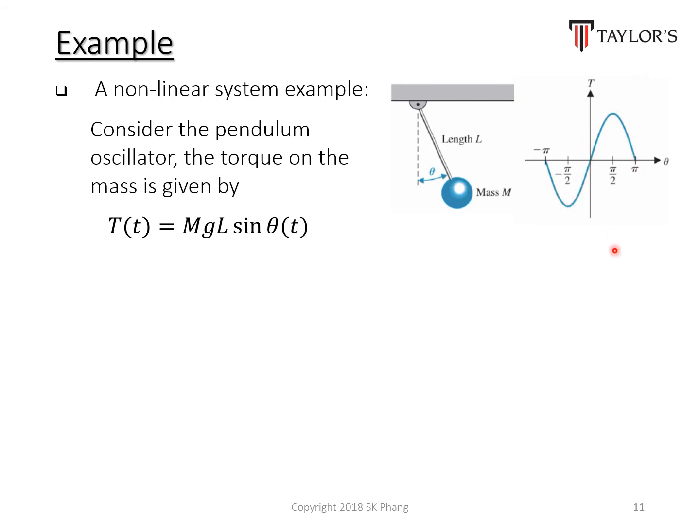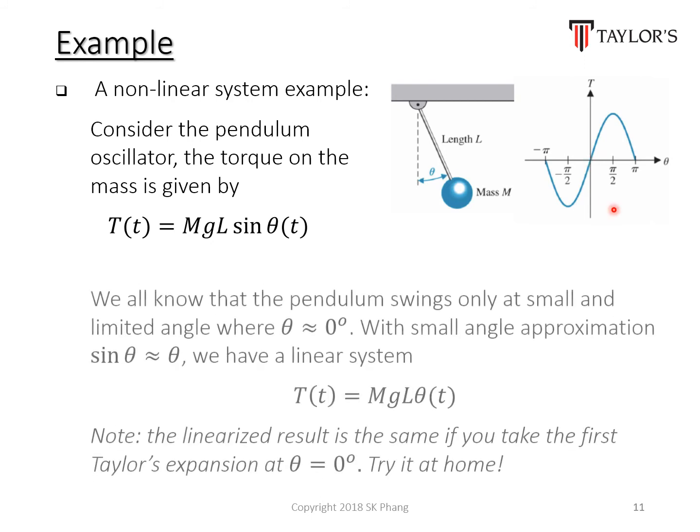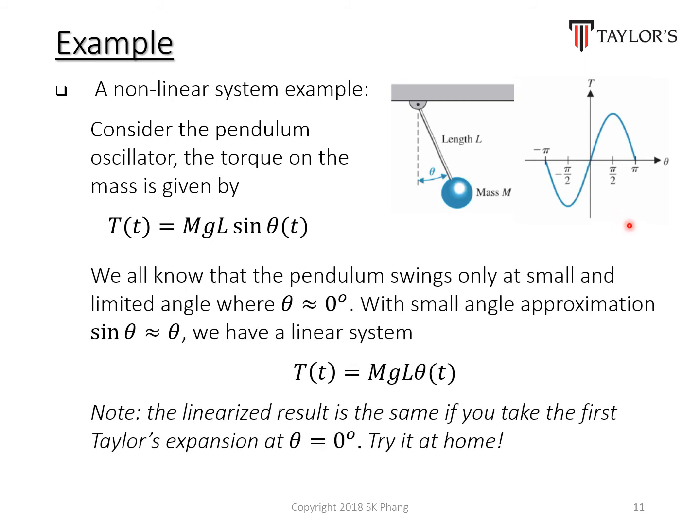Obviously this theta against t is a non-linear system, as it does not form a straight line through the origin. So what we can do here is make an approximation where the system behaves like a linear system. If we make that approximation, you will see that we can draw a straight line that passes through the origin and superimposes with part of this curve.